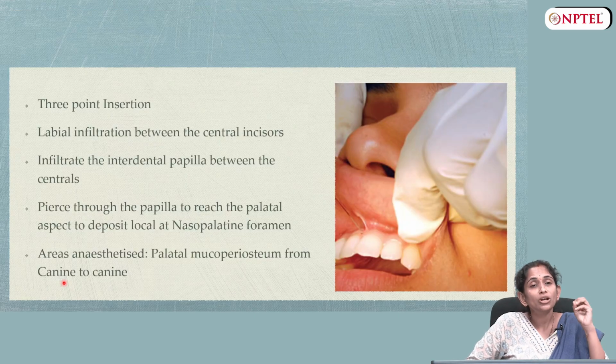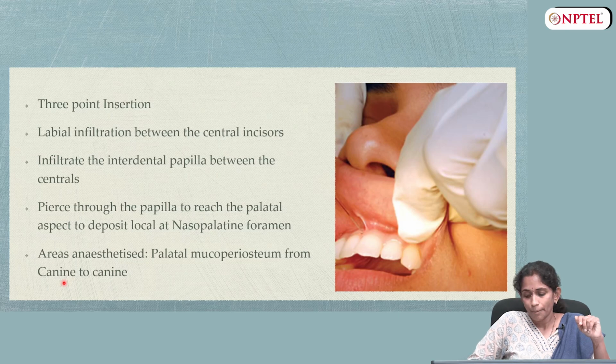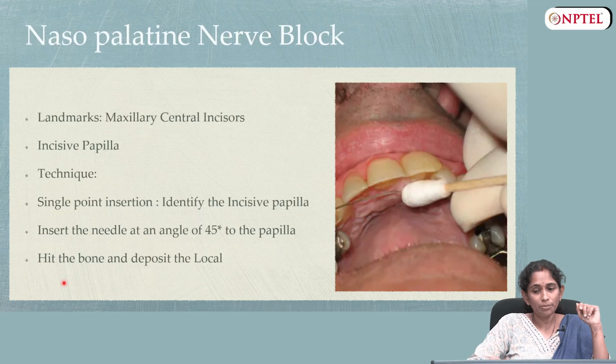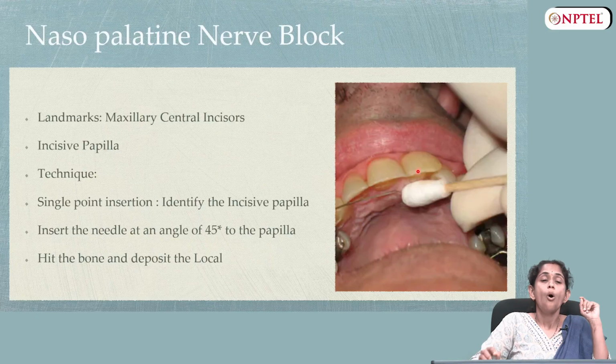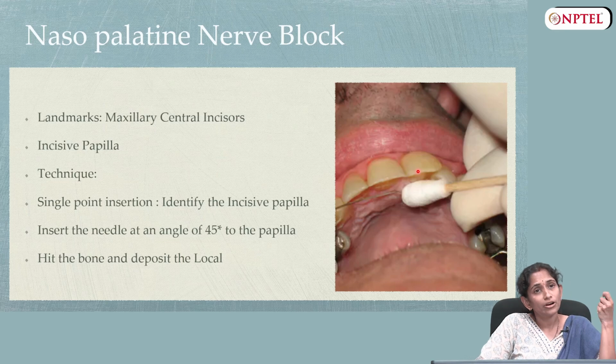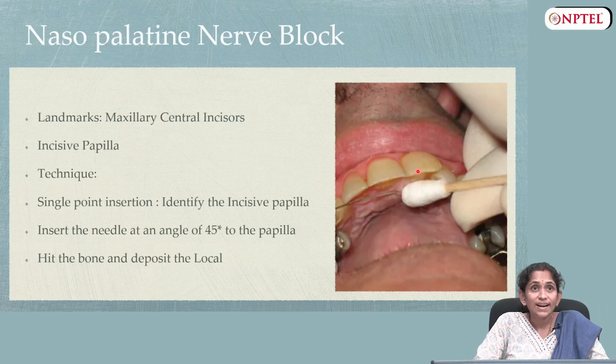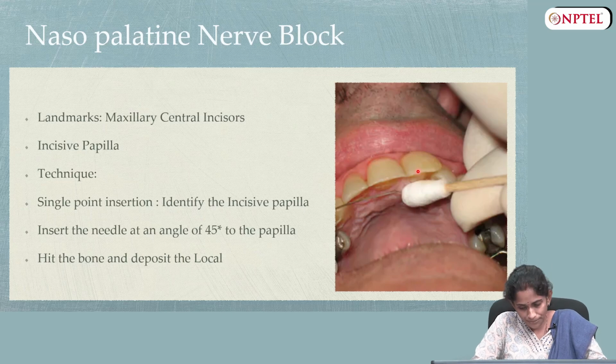The most common complication is extreme degrees of pain, and this can be avoided by use of pressure with the Q-tip as demonstrated here, or you can use a topical spray or topical lignocaine jelly, which will diffuse and give topical anesthesia so that the pain of injection can be avoided. So, that is nasopalatine block.